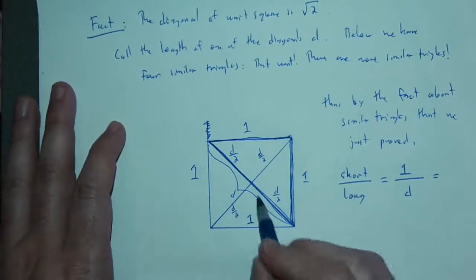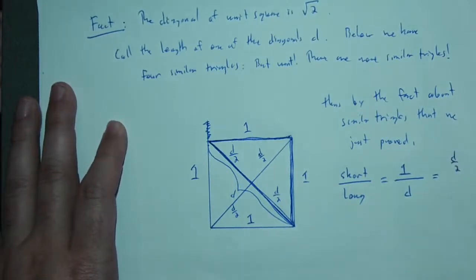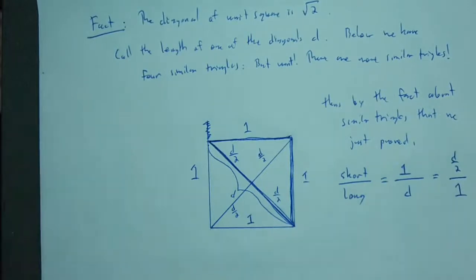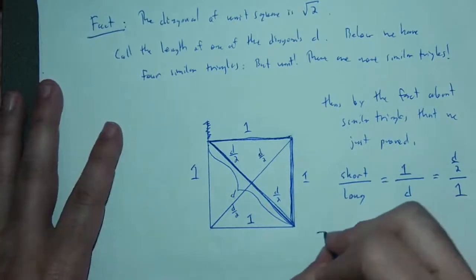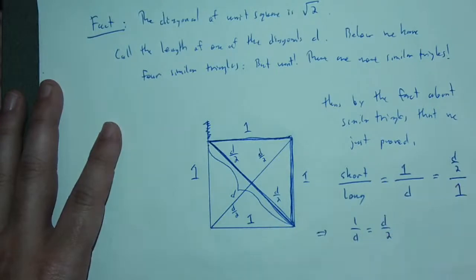Well, the short side in these smaller triangles is d over 2. Right? And the long side is 1. And so 1 over d is equal to d over 2. Right? That is, 1 over d is equal to d over 2, which means that d squared is equal to 2.